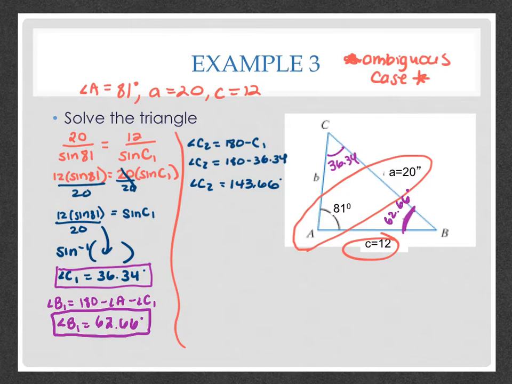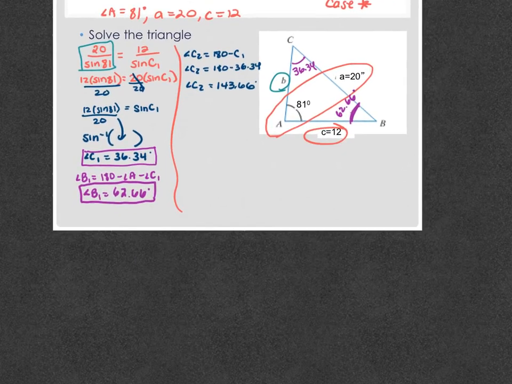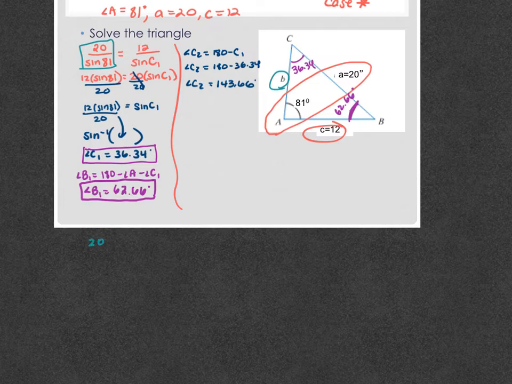And then the only thing I have left on my first triangle is side B1. So I'm still going to use the information from A that they gave me at the beginning. 20 over the sine of 81 would equal B1 over the sine of 62.66 degrees.